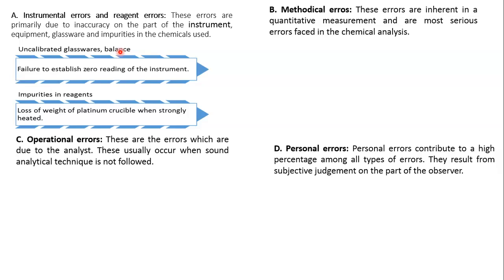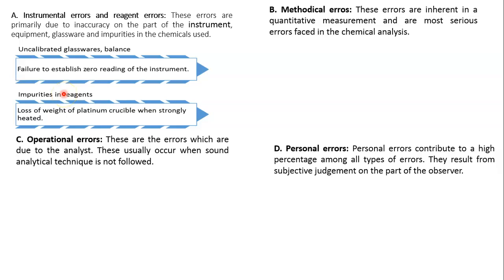So you have to weigh 1 more gram. So balances, if they are not calibrated and you are not aware of it, can also lead to an error. Also, a zero error problem can lead to an error. Failure to establish a 0 reading, that is what I was telling you about. The balance is not showing 0, but it is more than 0.